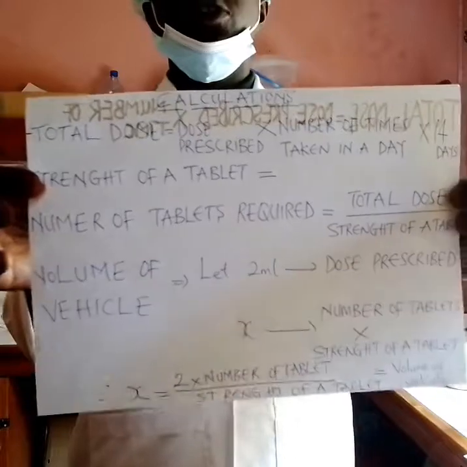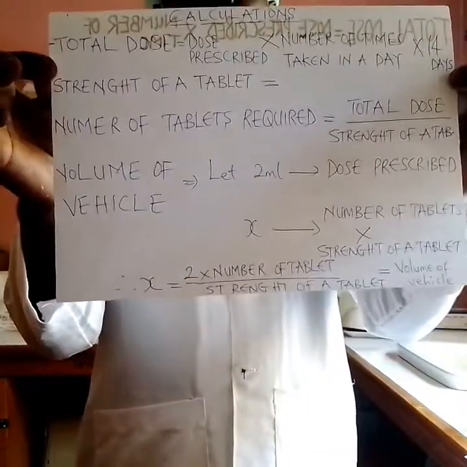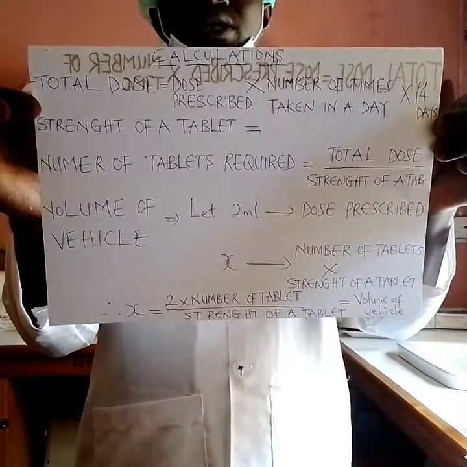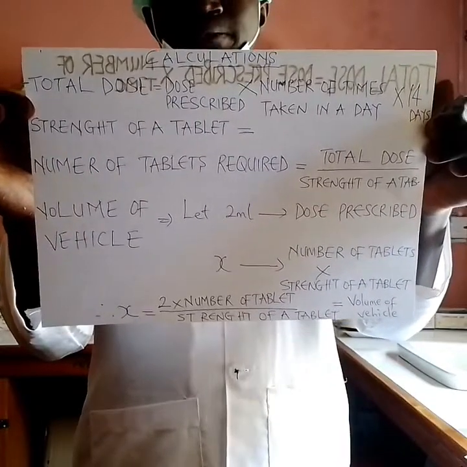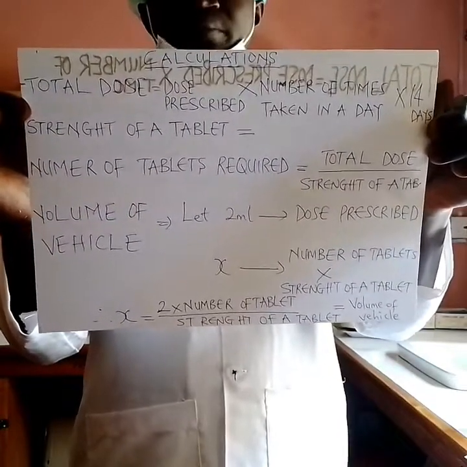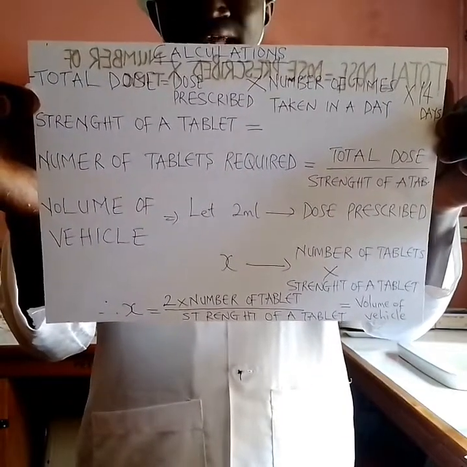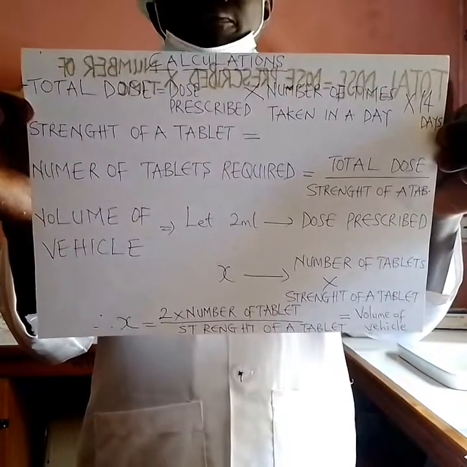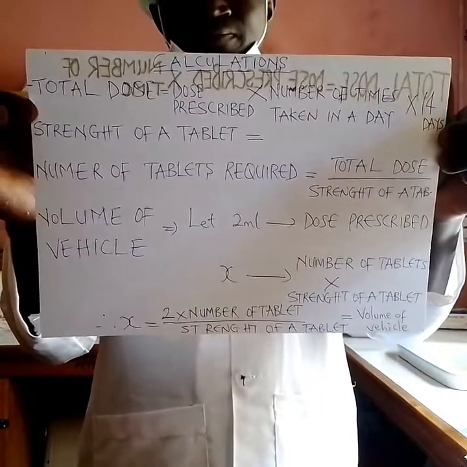Now, look at the calculation part of it. First thing you do is write the total dose. How do you get the total dose? Total dose is simply the dose prescribed by the physician, that is 5 mg, times the number of times the patient will take it in a day, that is 2, times 14 days, because we are formulating or compounding for 14 days.